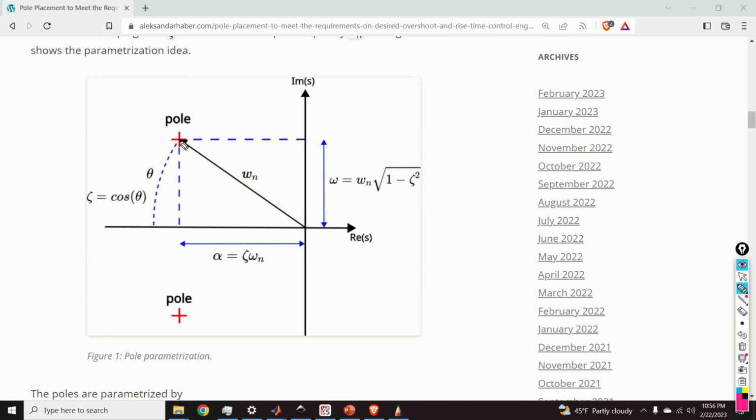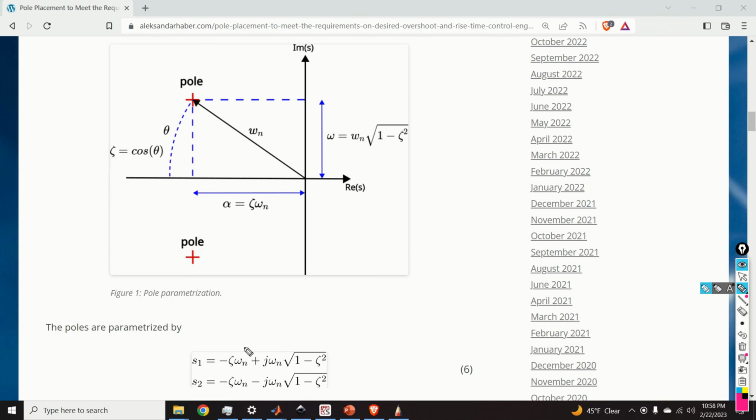This is the first pole, and this is the second one. Omega n is simply the distance from the origin in the complex plane to our pole. Zeta is the cosine of this angle, theta. Obviously, if cosine of this angle is equal to 1, that is, if theta is equal to 0, we have a perfectly damped system, that is, both poles are over here.